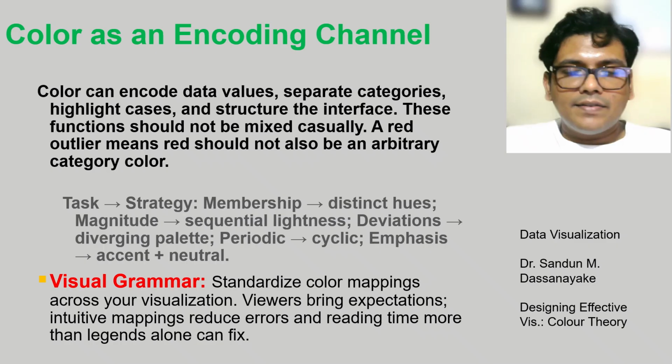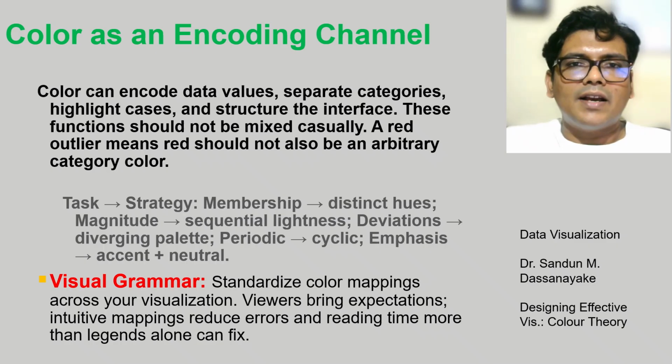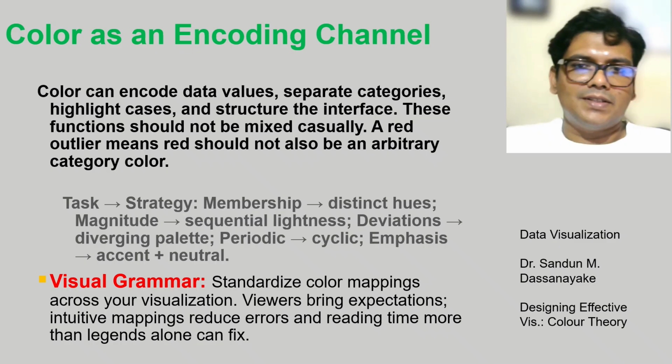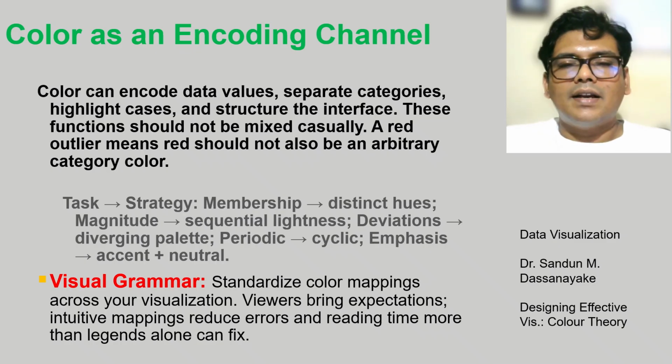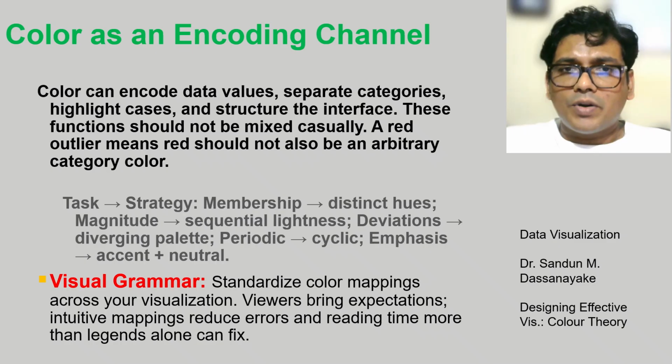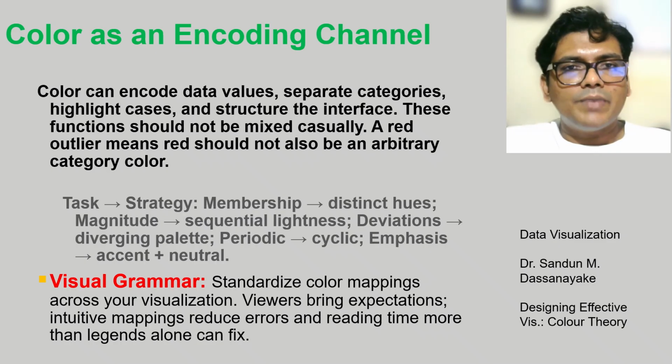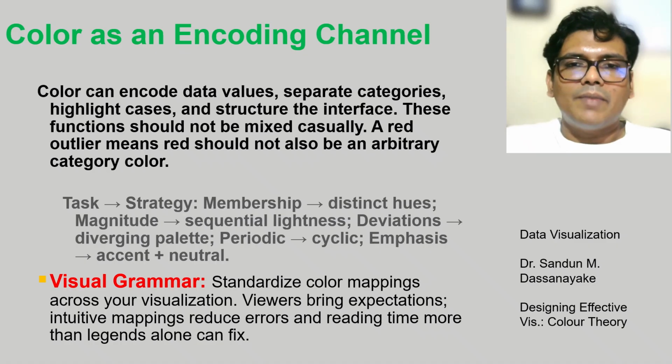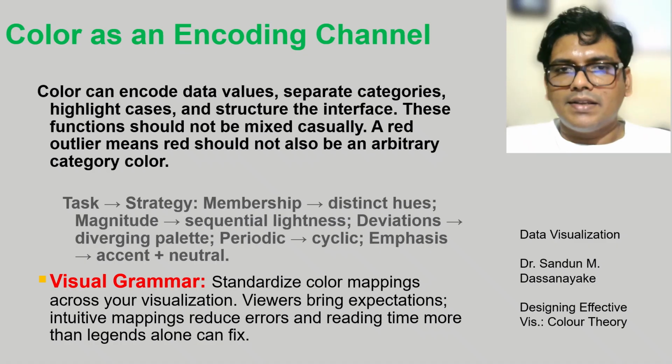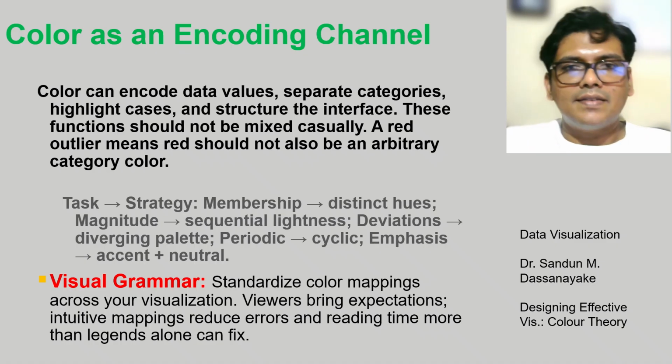Your reader will assume every red mark is an outlier because that's the deal you made with them. Think of color as a kind of visual grammar. Every color choice is a promise, and breaking it quietly confuses people in ways they might not even be able to articulate.